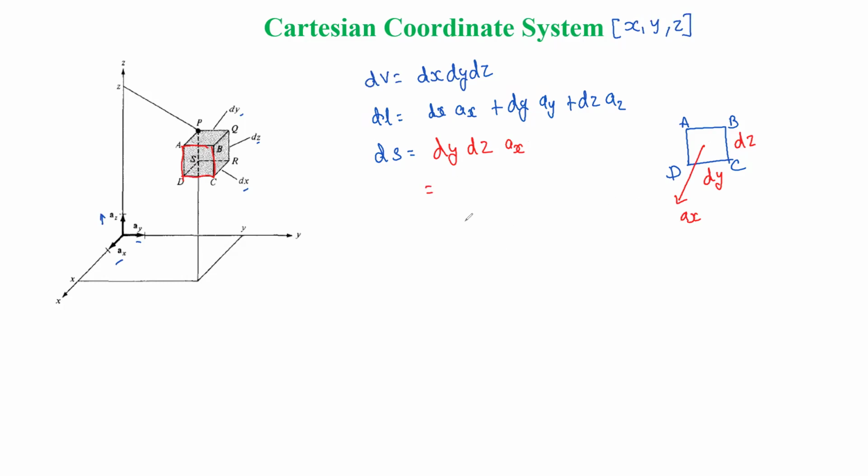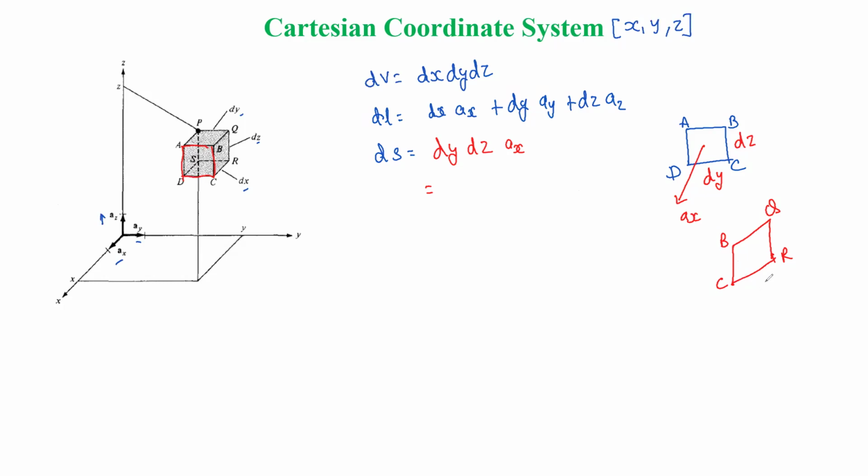Similarly, we have another surface. Suppose we are going to take here B, C, so that you can correlate this one with the diagram. So this is our B, C, R, Q. For BCRQ, what are the dimensions?